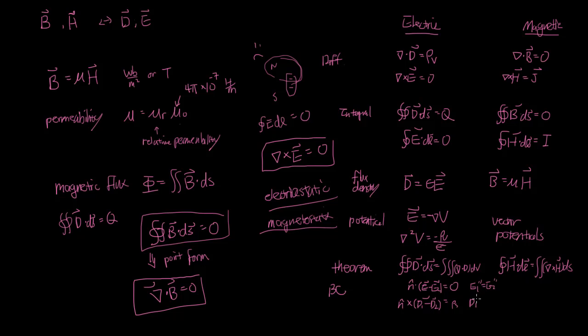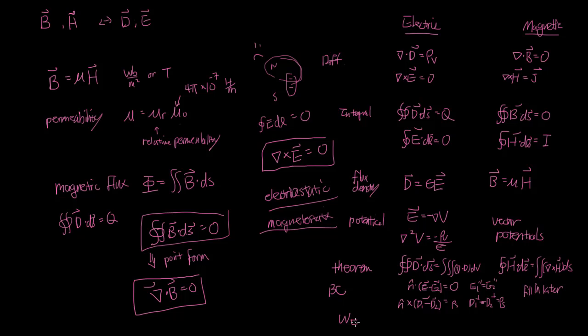Right? So D1 perpendicular minus D2 perpendicular is going to be equal to rho s. And this is fill in later. So I encourage you to check back to this table, this framework, and keep an ear out for when you learn the equivalent for here and fill that out in your own notes.